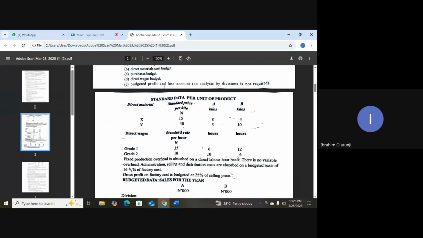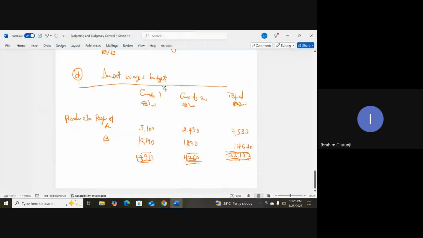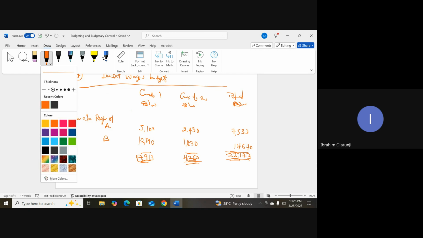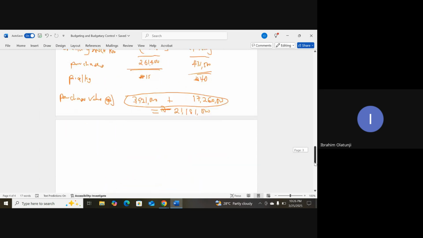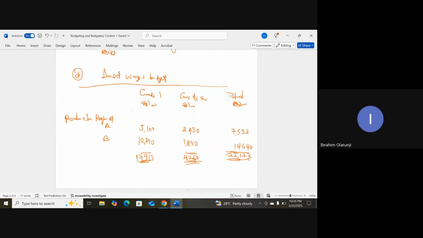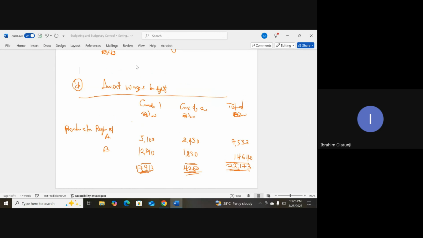What the examiner is trying to point out is to calculate everything in total. So let's do that.